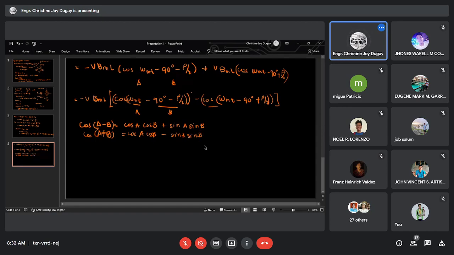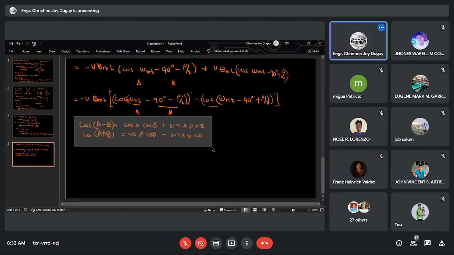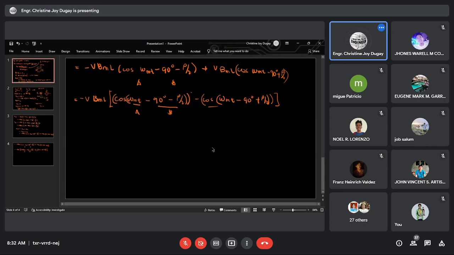So if you're going to continue, kunin muna natin si cosine. Tanggalin ko na. Ito, cos sin ang gagamitin natin. Delete ko ulit. Para may space pa po tayo. So kung kukunin natin si cosine omega mt less 90 degrees less rho over 2. So kung ibabalik natin ito sa dati para maging A at saka si B tayo.